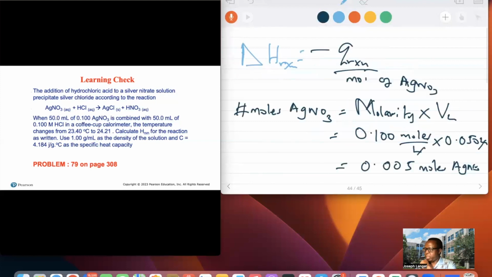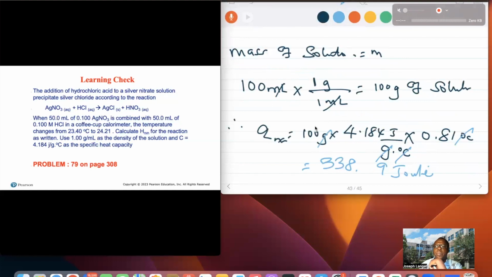So here is the key: the enthalpy for the reaction is the negative of Q for the reaction, which you have to determine from mass times specific heat times the change in temperature, final minus initial. You'll be given this. You may have to use the density equation to do that, as I did.